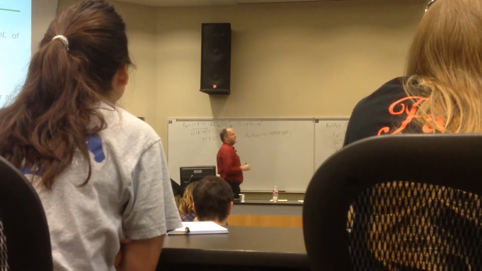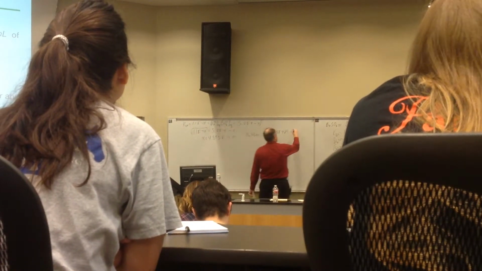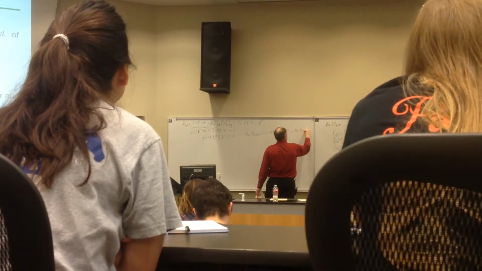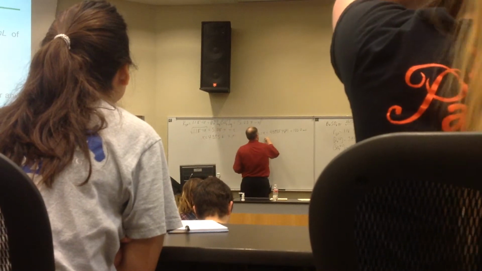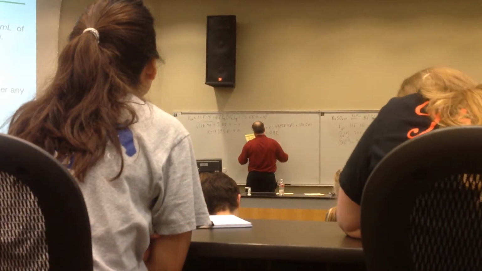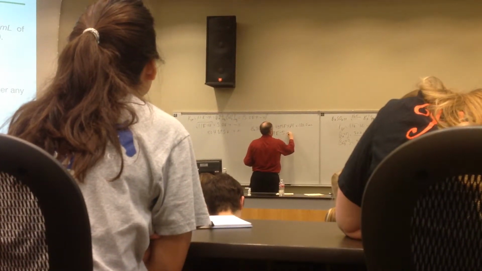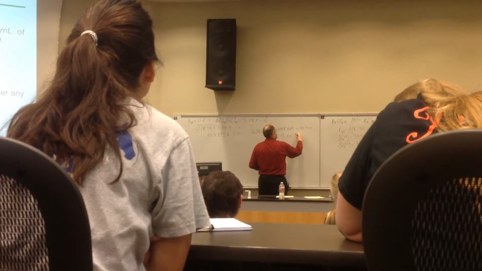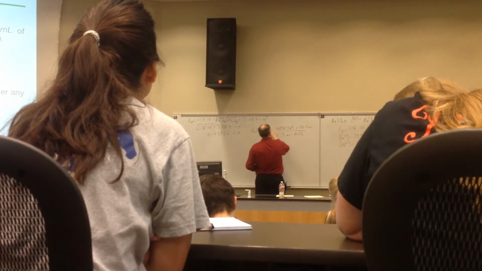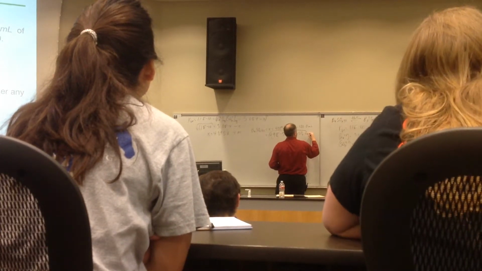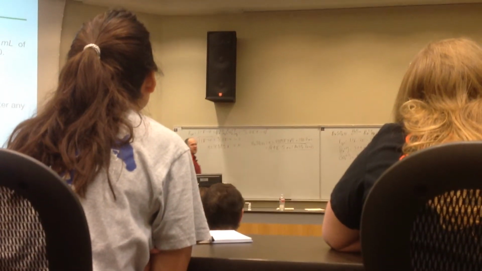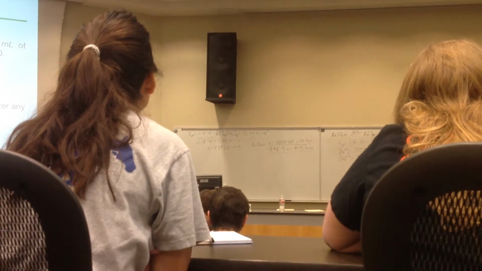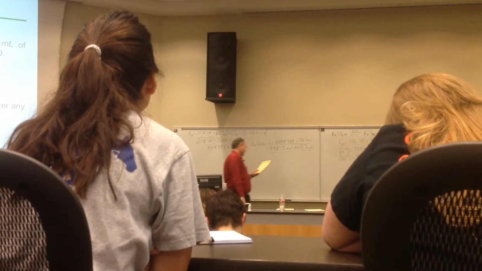I multiply that times my total volume, which is 100 milliliters, which tells me that 4.9 times 10 to the minus 5 moles of barium sulfate are formed. Of course, I could use the molar mass of barium sulfate to convert that to grams if I wanted to.